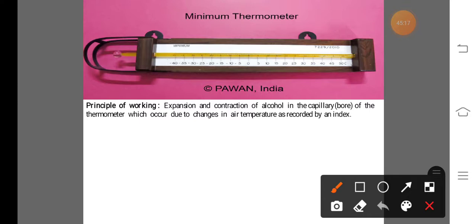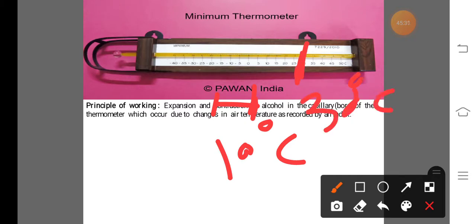How is the minimum thermometer set? The index is reached to 10 degrees Celsius. In this thermometer, the index is attached to the alcohol, present at the 30 degrees Celsius temperature range.